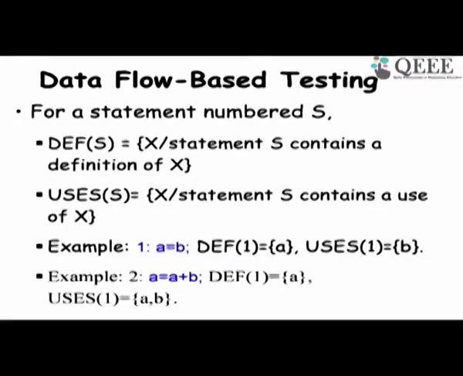And uses are the variables that are used in S. So in this statement uses(1) will be b, whereas in the statement a = a + b, def(2) equals a, and uses(2) is both a and b, which are used here.